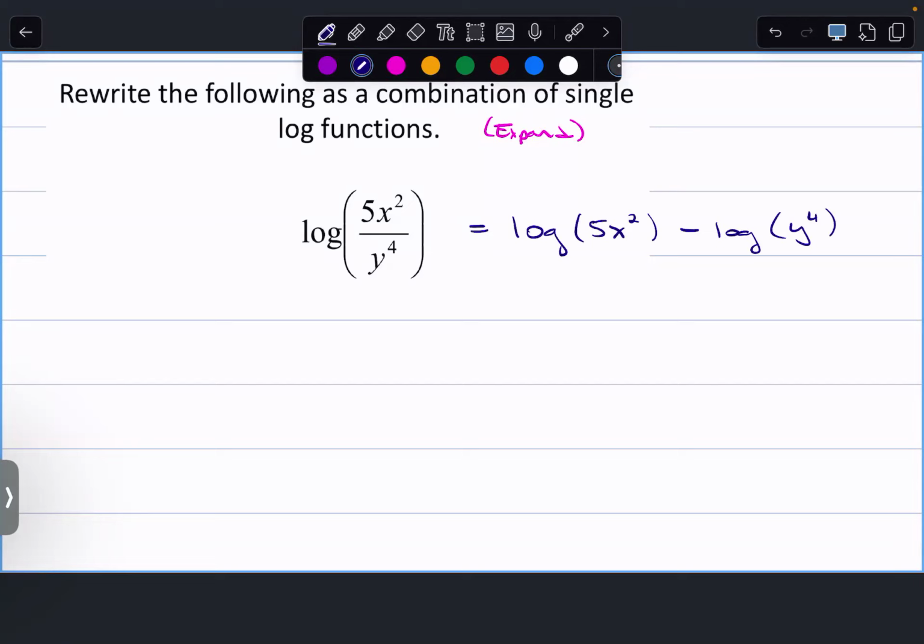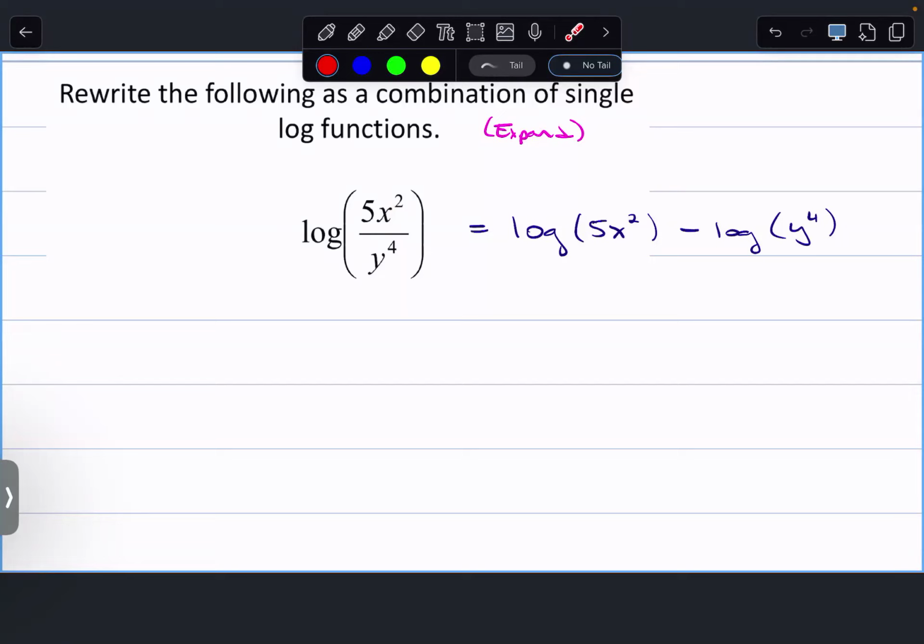There's lots of ways that we can solve these, right? What else could you have done? You could have simplified the exponents here, right? 5x squared times y to the negative 4. We'd end up in the same place, so it doesn't really matter.